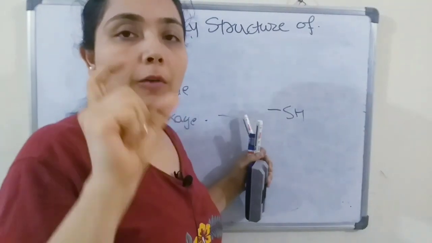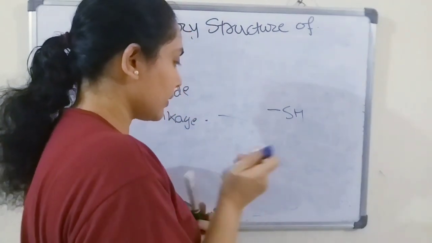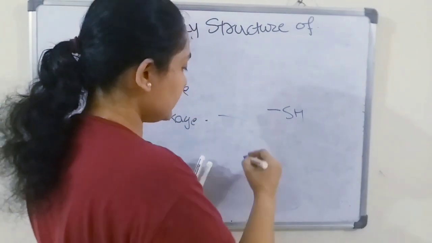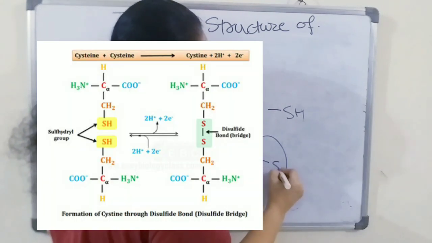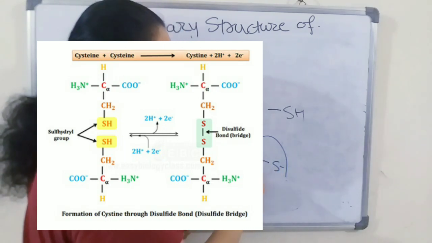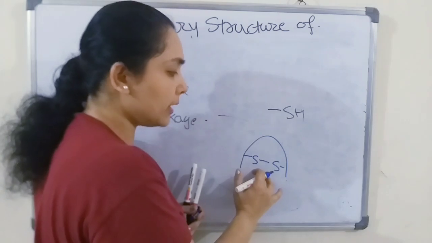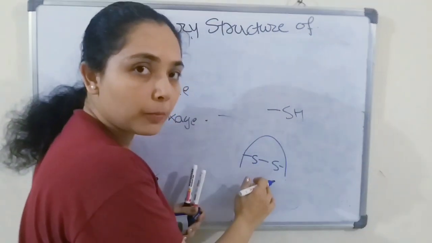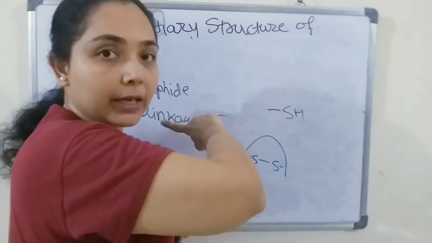When the thiol groups of two cysteine residues in a folded protein come close to each other, there is a formation of the disulfide linkage, and this is a covalent type of bond. This is the only covalent bond apart from the peptide bond.